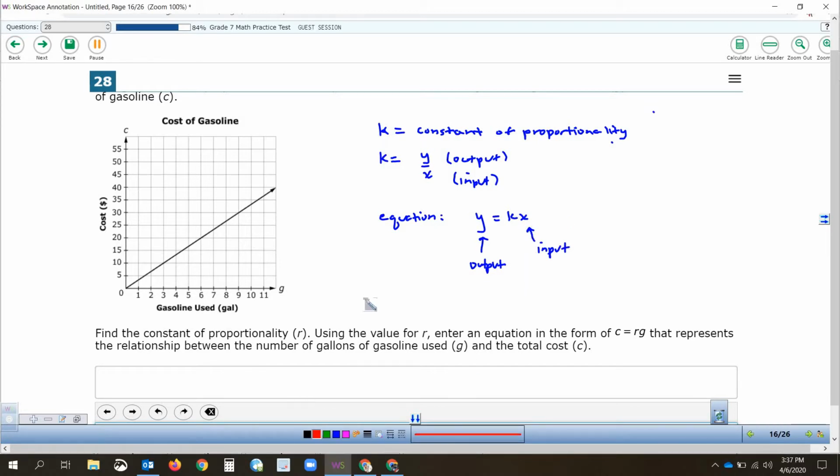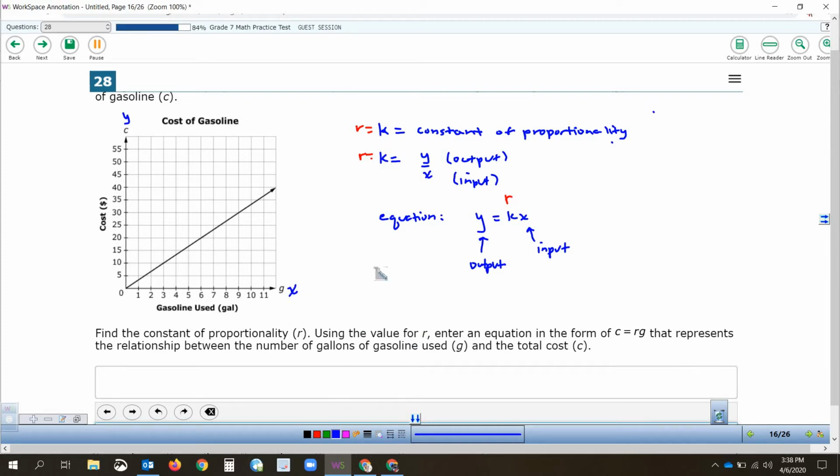Now, in this situation, they messed everything up by using different letters. So we're going to have to think through it a little bit. Here we go. So first of all, they want to make the constant of proportionality R. So where we have K, they are using R. So Y is equal to, this would be R right here. This is the Y-axis, so the variable they're using for Y is C. So this is my Y-axis, and this is my X-axis.